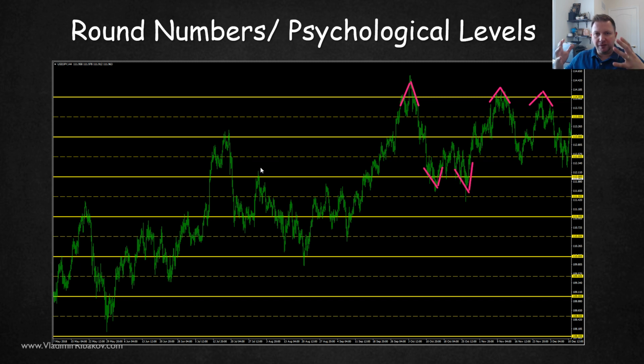Again, it's not a rule, of course. Apply this with the other techniques, which I will talk about later, but generally this is what you will want to see: ideally, fake breakouts around these levels. That's where it will have its extra value.